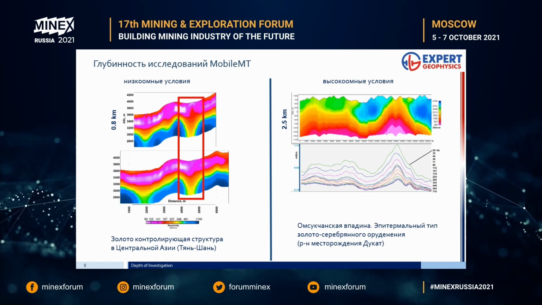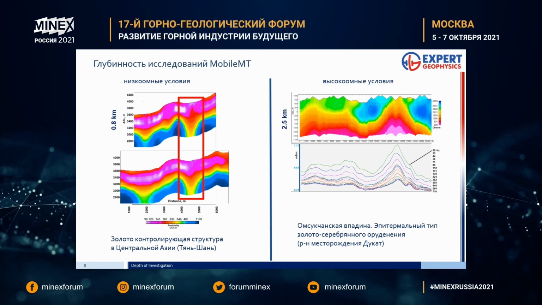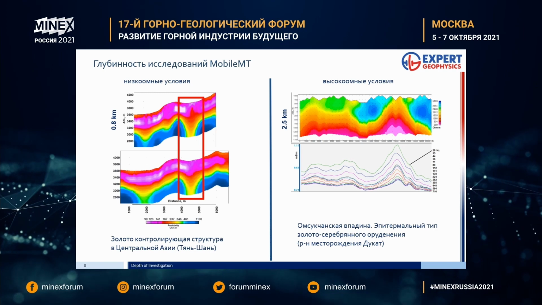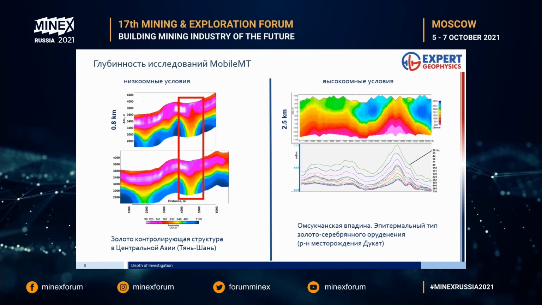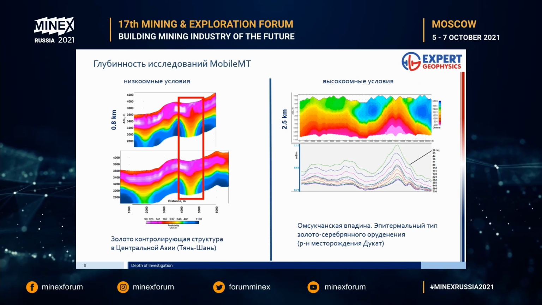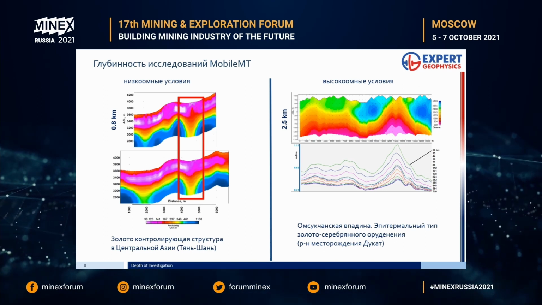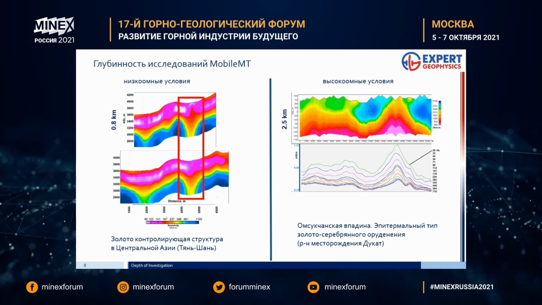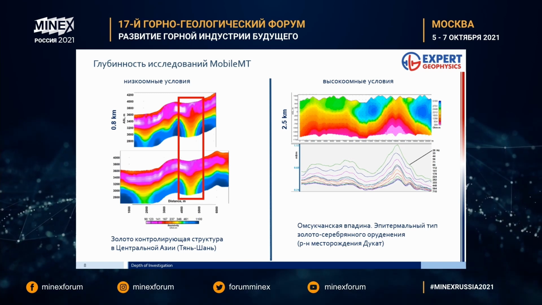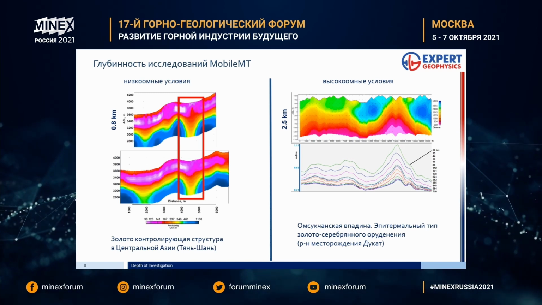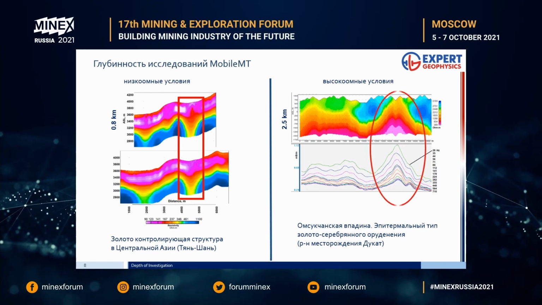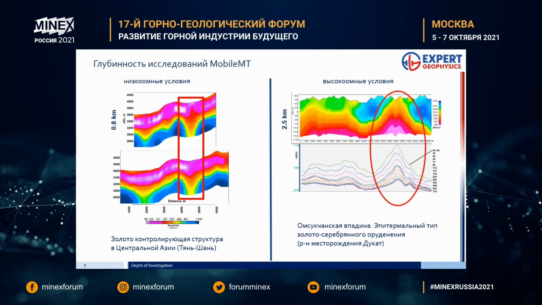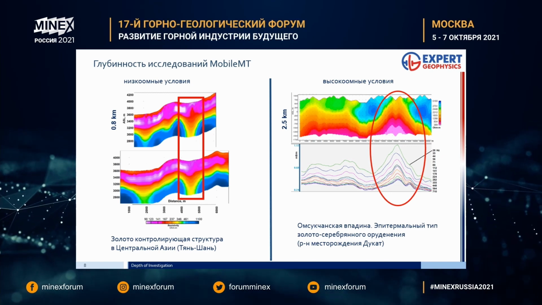This is the deep structure in Central Asia and Kyrgyzia, and from the viewpoint of exploration geology, it is very important to see as deep as possible. On the right, the depth of research is 2.5 kilometers, and here we can see the cupolar structure at depth.